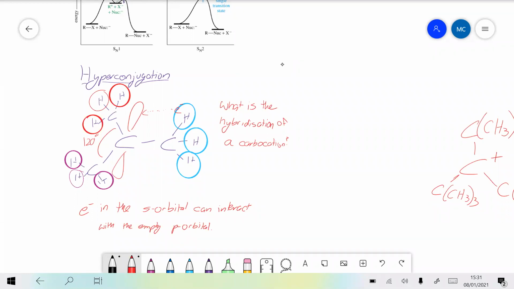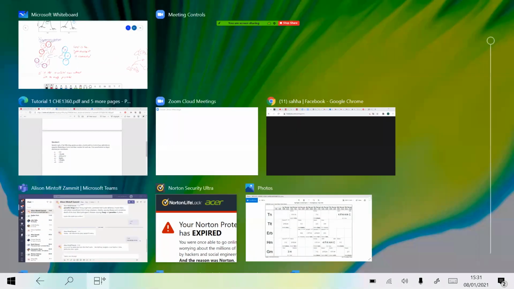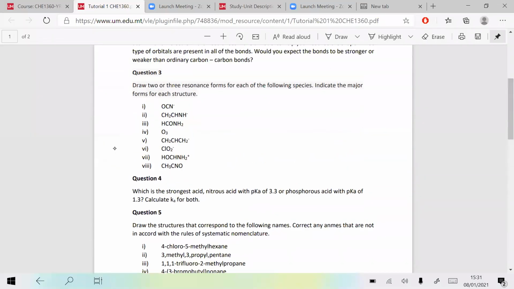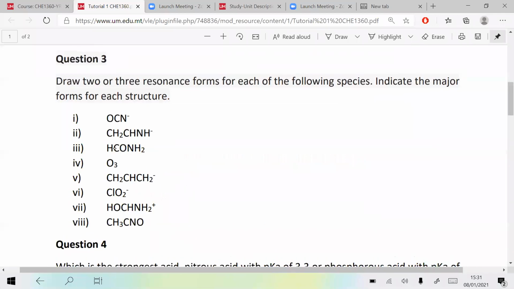So, having spoken about this and having actually seen that there is maybe a bit of a misunderstanding on the electrons and where they are in orbitals in carbocations, what I will recommend is that for question 3, also write the hybridization of each of those atoms. Okay? The hybridization of each of those atoms. Remember, there should not be a change in hybridization when you have resonance forms.